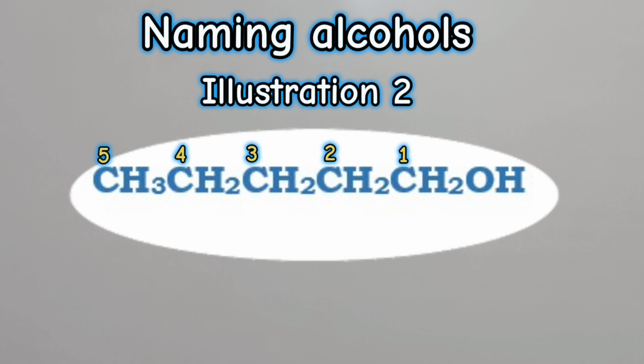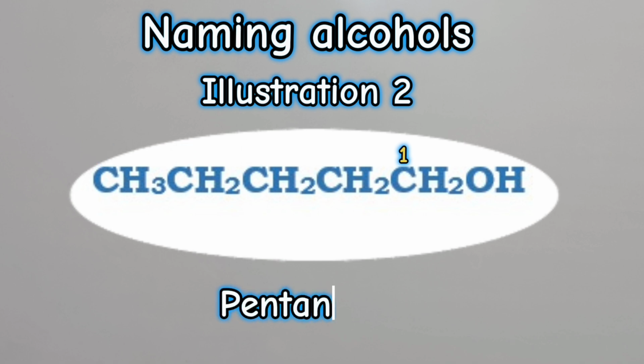And therefore, the name of this alcohol, based on the above format, is going to be pentan-1-ol, where pentane has been derived from the corresponding alkane of this alcohol, and it is simply pronounced as pentan-1-ol.